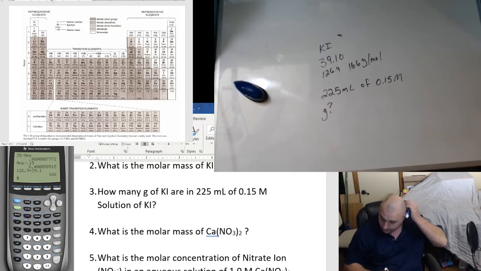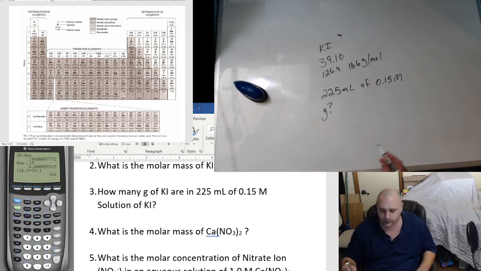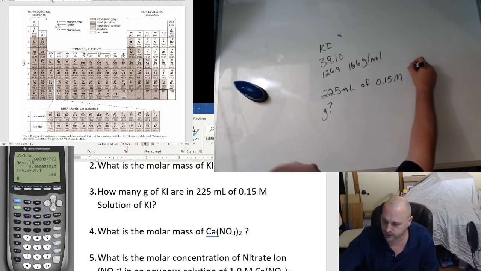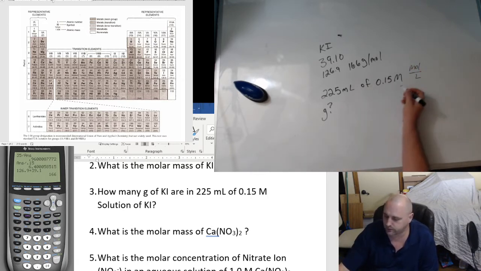So I've got milliliters and then this capital M. Remember, capital M, always remember that as moles per liter.